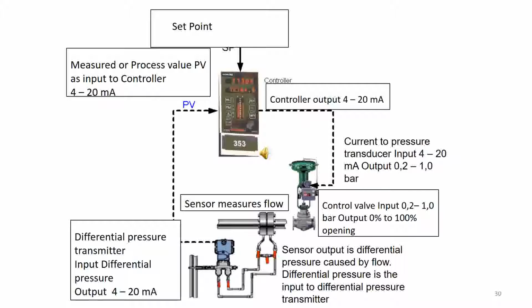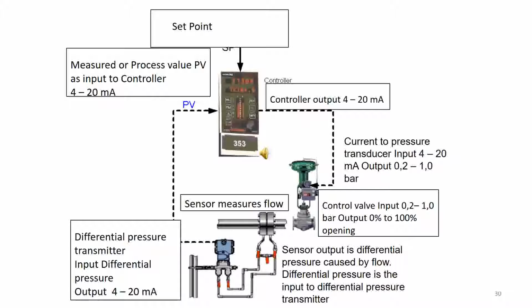Let us explain in details the same picture. Flow causes a pressure drop on orifice plate. Pressure before and after orifice plate, called differential pressure, is sent as flow signal to differential pressure transmitter, which produces a signal proportional to flow and sends it to controller.